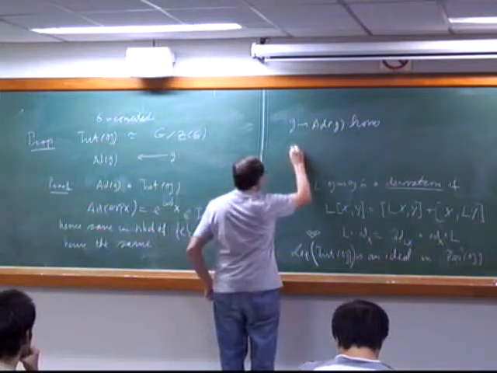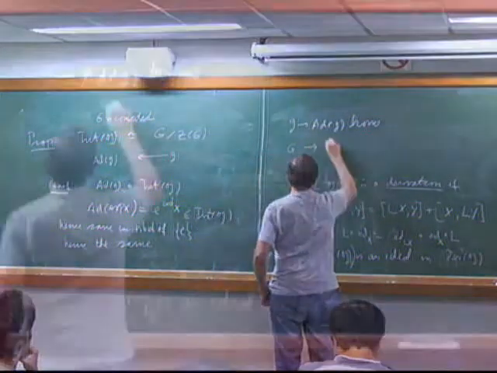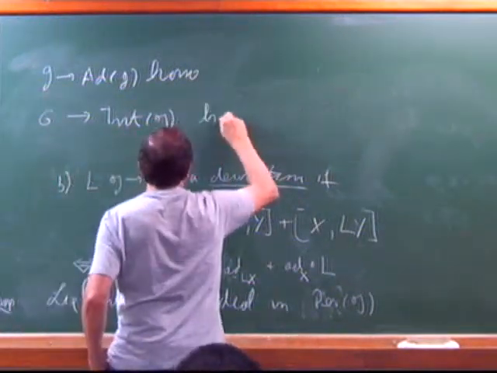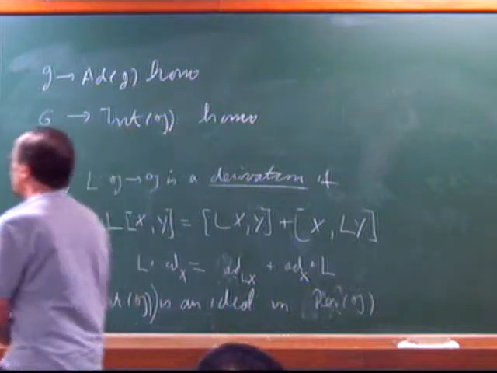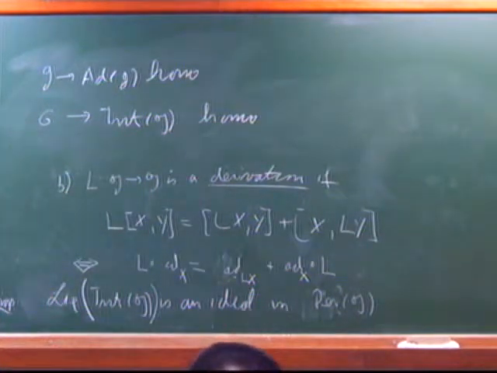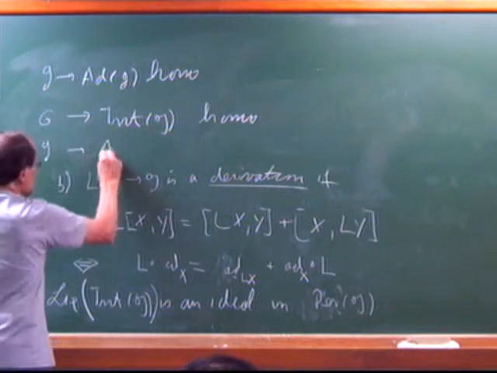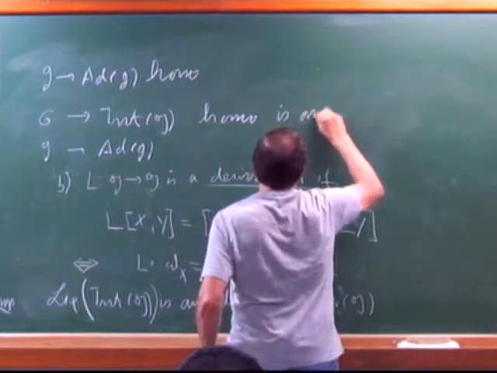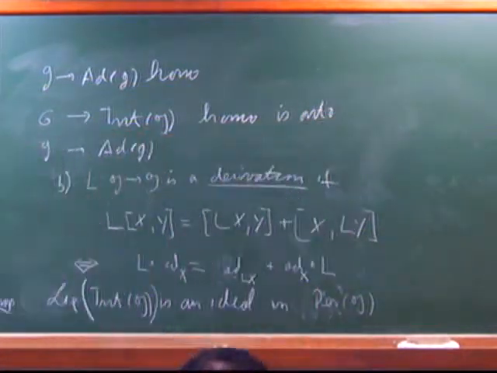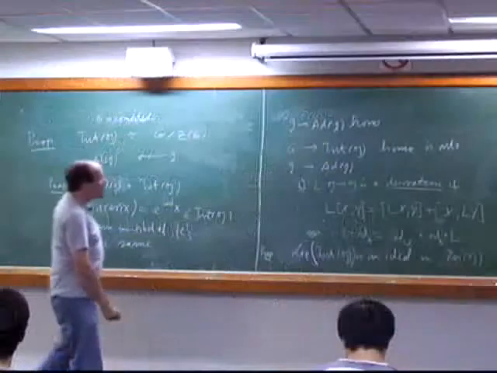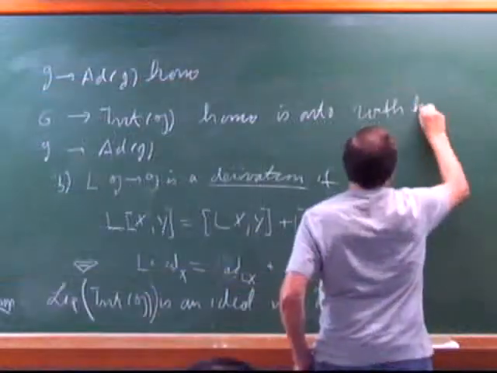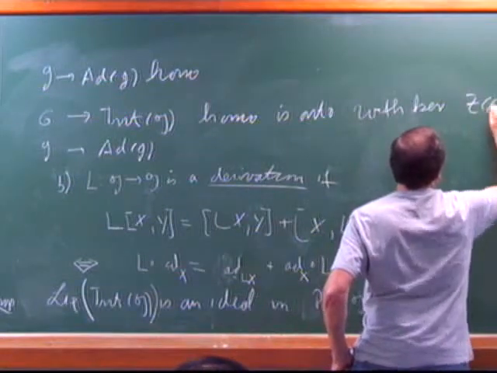I now have a homomorphism from G to Int G. This lands in Aut G, so I have a homomorphism like this, G goes to Int G. And this homomorphism is onto. That's what this is, if you want. This homomorphism is onto, and the kernel is this kernel, in the center of G.